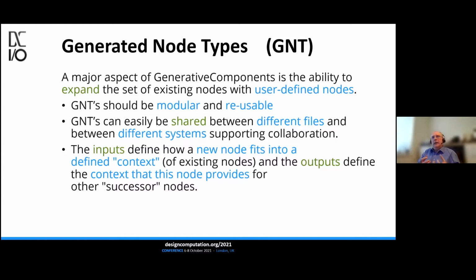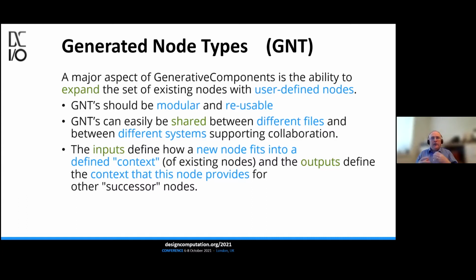So a node type can be, like it says here, modular and reusable. It could be a very tiny little script that you want to use in a larger script. So you can begin to take a system of systems approach to answering a design problem or examining a design idea.